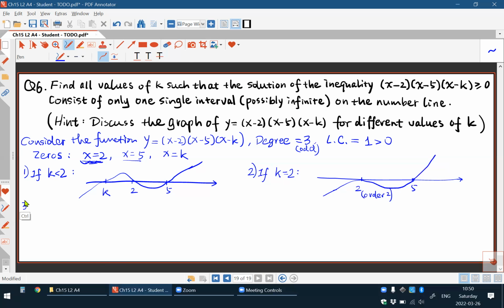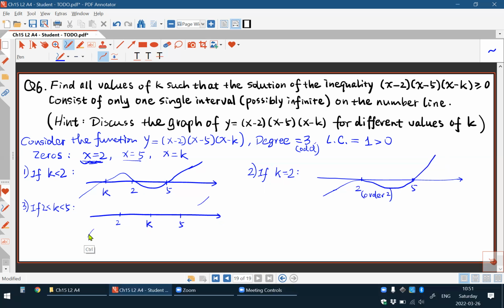And there is a third case. If k is between 2 and 5, what will happen? If k is between 2 and 5, then we know this is 2, this is 5, and this must be k, right? And again, the end behavior always looks like this.